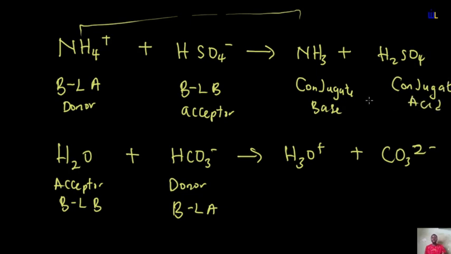So it's more like acid forms base and base forms acid. So have that in mind. The product formed after a Bronsted-Lowry acid donates a proton is what we refer to as a conjugate base. Then, after a Bronsted-Lowry base accepts a proton, the product it forms, which is this H2SO4, is now the conjugate acid. Okay, we're going to try out some more examples to help us understand this.